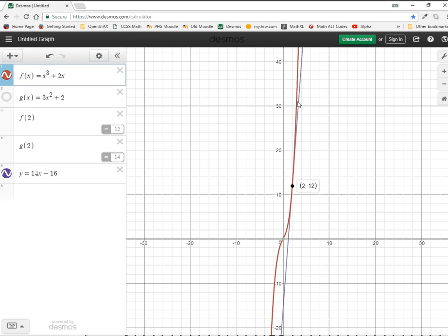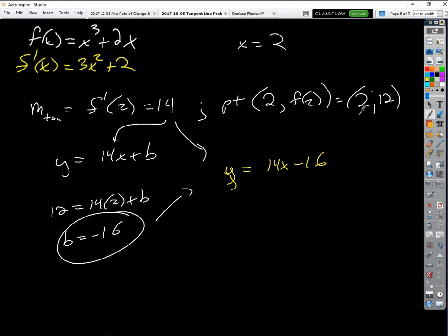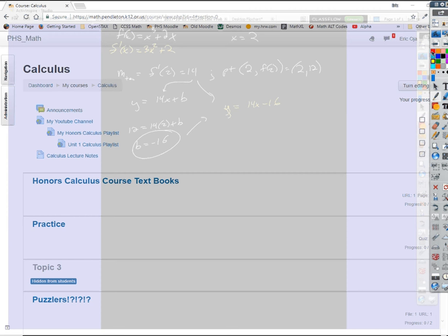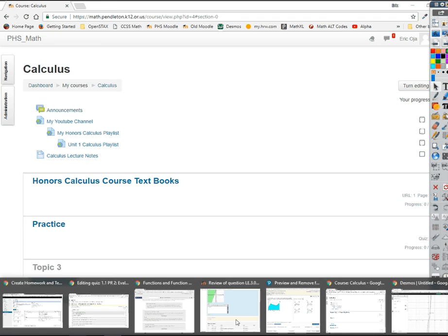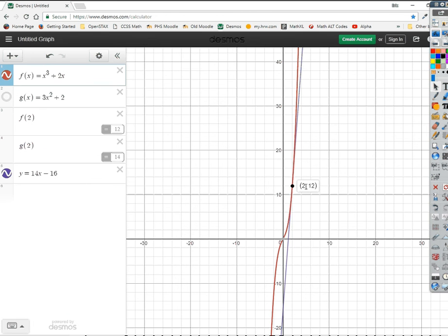That makes sense, doesn't it? That's consistent with what we saw, right? There's our point of intersection at 2, 12, right? And notice that the slope of this line is 14, right?